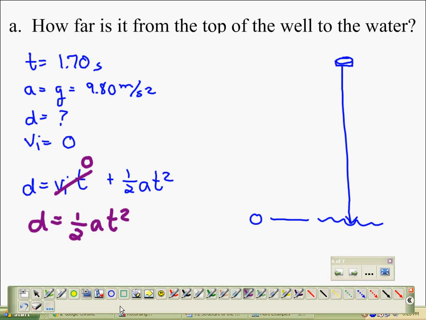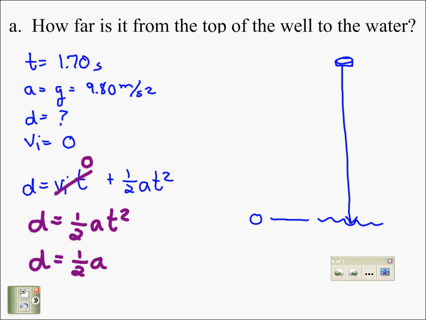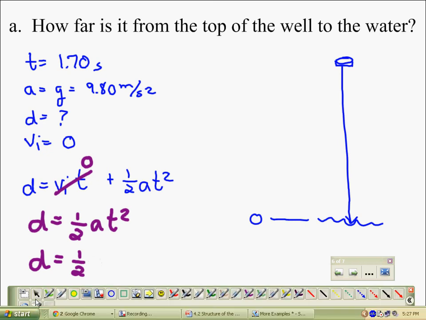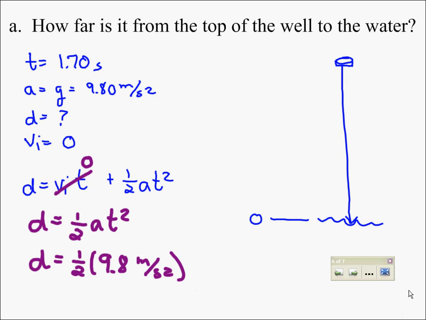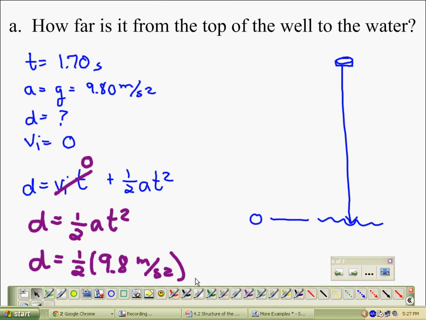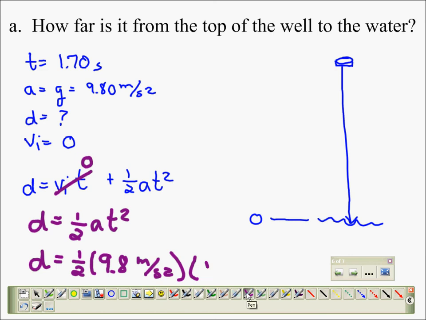D is equal to 1/2 times 9.8 meters per second squared, my time interval was 1.70 seconds squared.